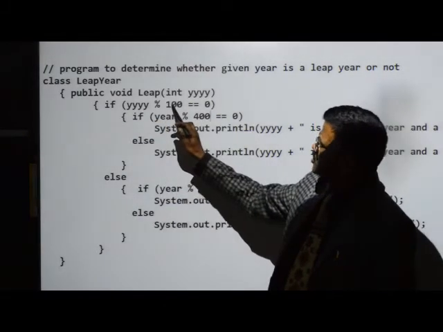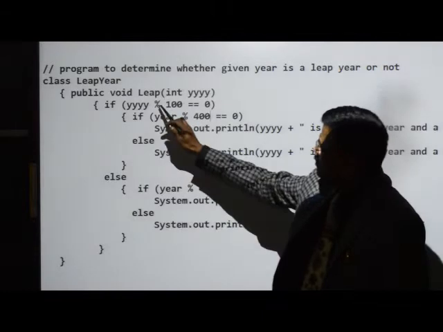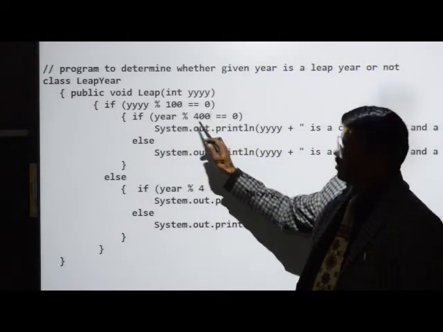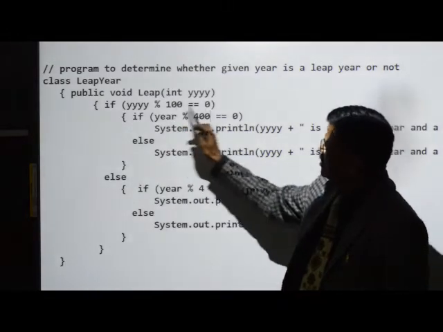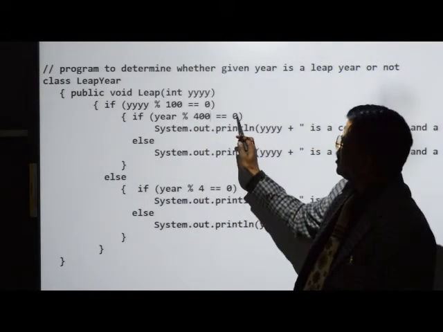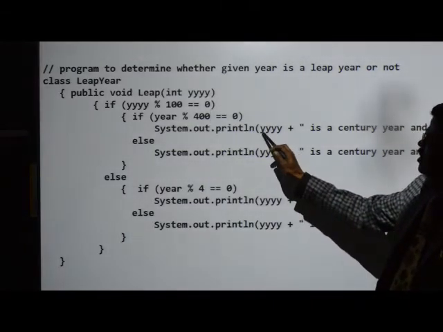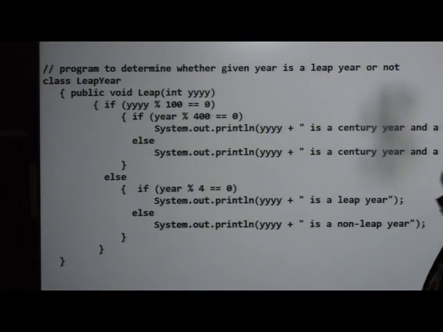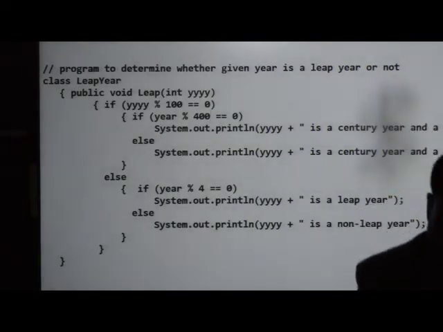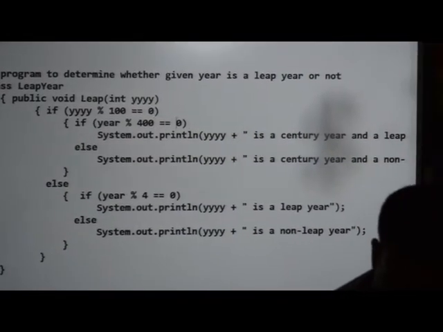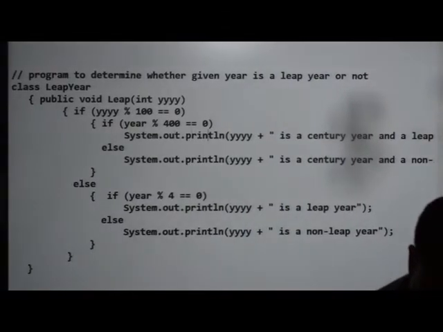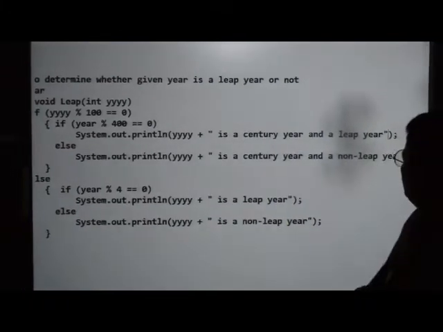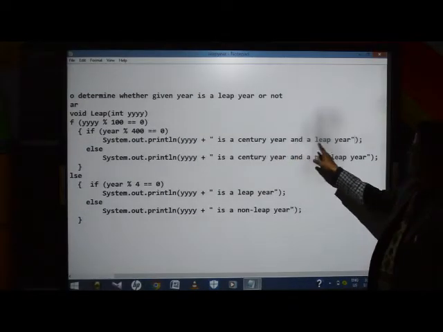Is it a century year? Yes. Then, if it is a century year, it comes here. That year is divided by 400. The remainder would be 0. 0 and 0 are the same. What does it say? Year 2000 is a century year and a leap year.